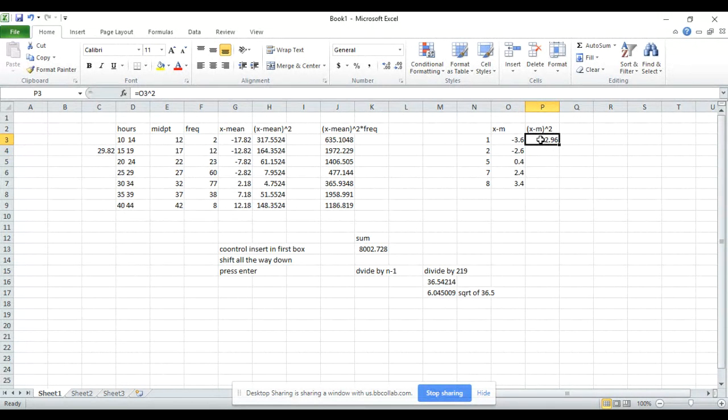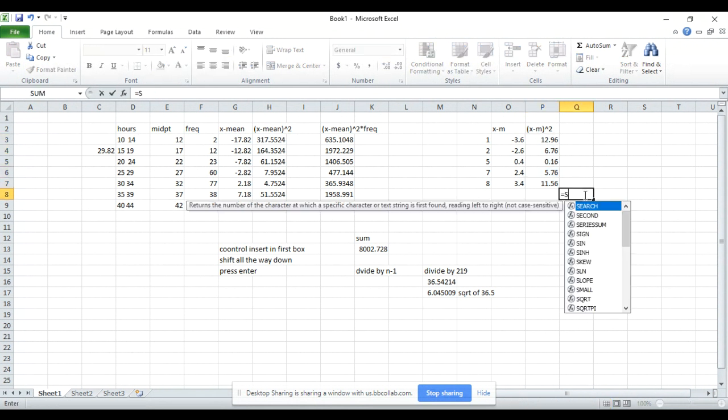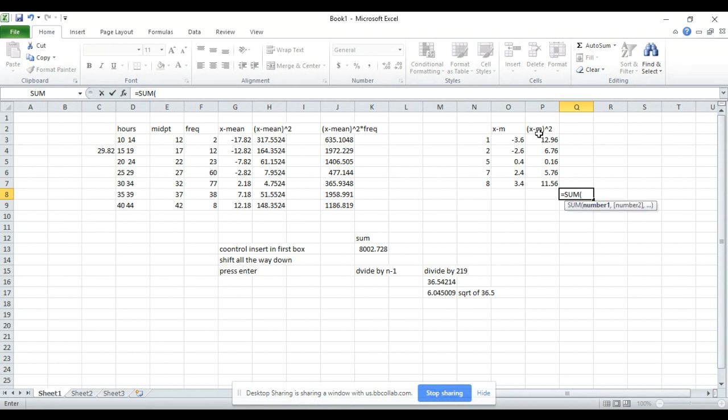Then you just do control, insert, shift down. You take the sum of all those numbers. You divide that number by 4 because we have n-1. So we have this divided by 4. We get the 9.3. And then we say equals square root of that number. And we get the same answer.